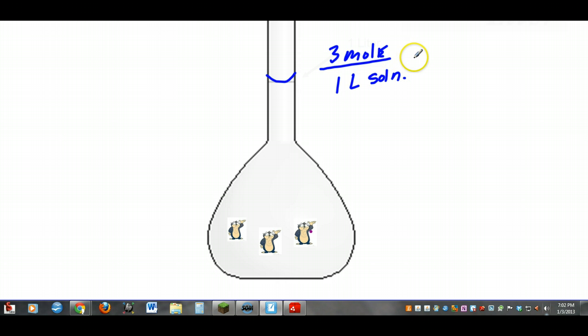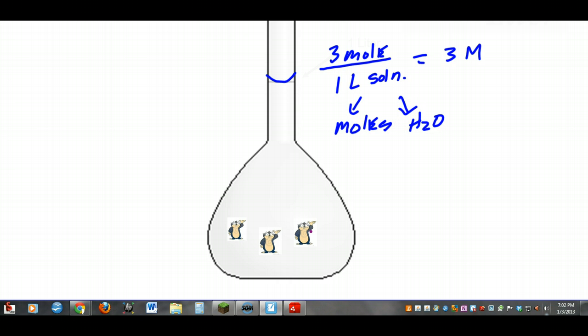So it's a 3 molar solution symbolized by a capital M. That means you have 3 moles in 1 liter. But you don't actually have 1 liter of water. You have 1 liter of solution, and remember that the solution is those little critters on the bottom, your moles, plus the water. So you actually have less than 1 liter of water.